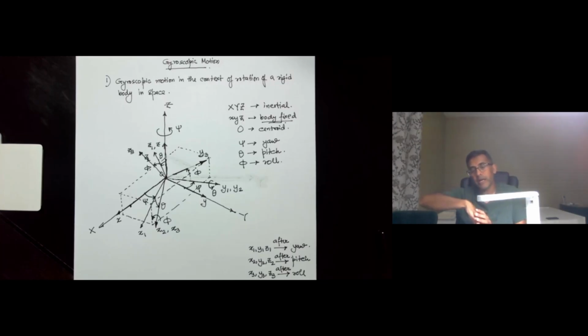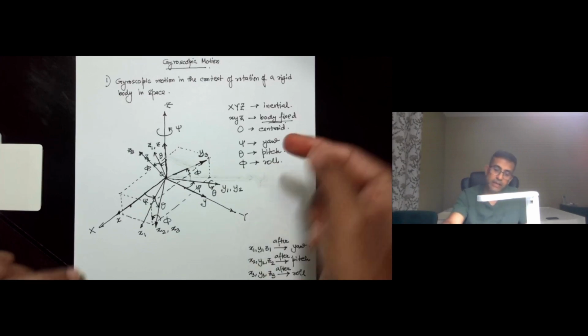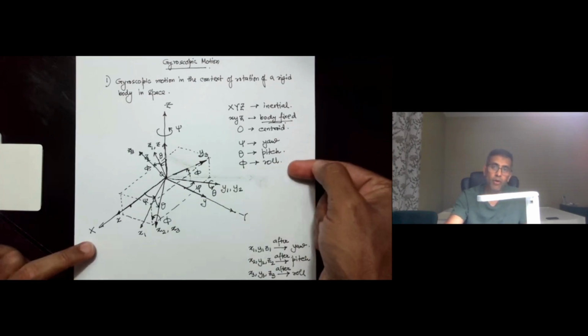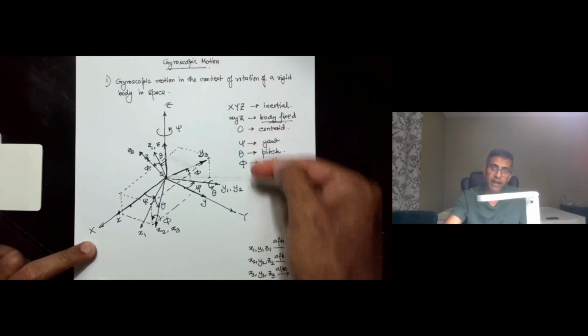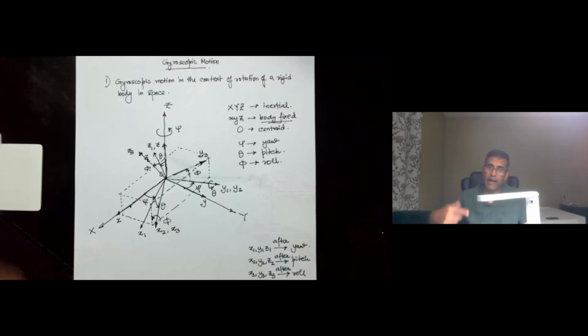The other way of looking at it is also that any arbitrarily oriented rigid body can be expressed as an orientation that is arrived at by a sequence of yaw, pitch, and roll in that order, psi, theta, and phi, to go from its initial configuration, which is given here, to the final rotated configuration.